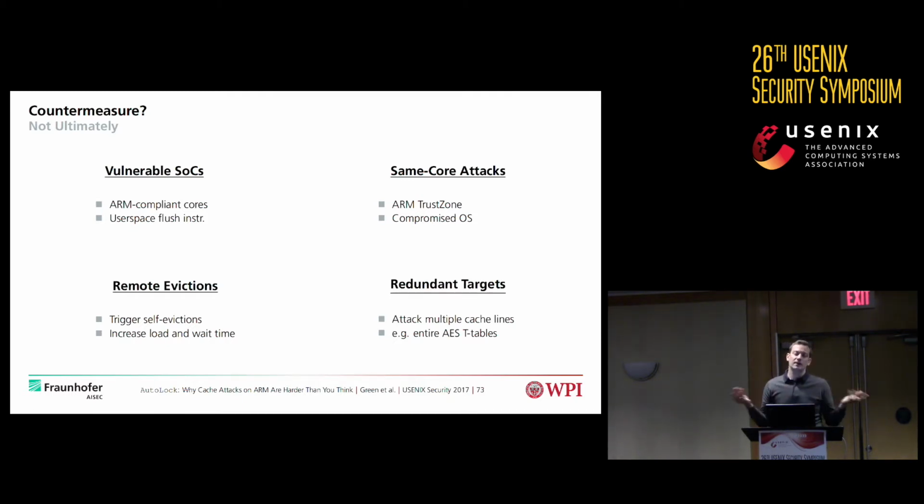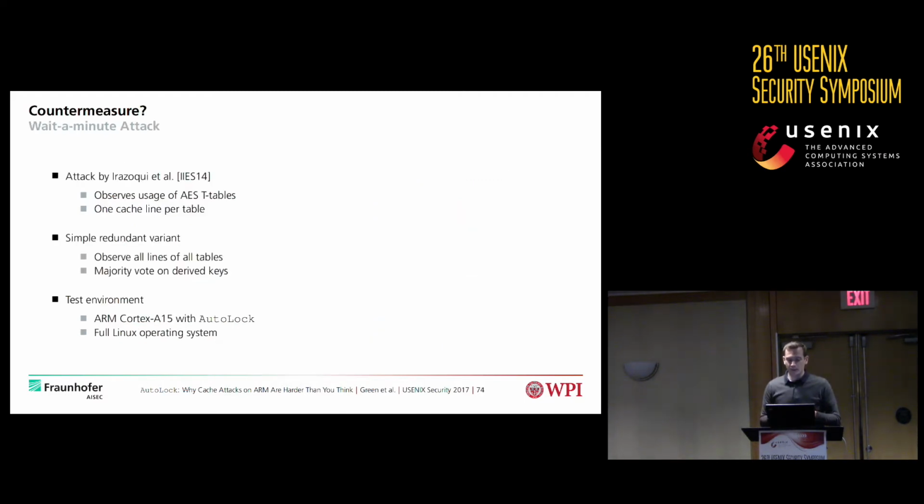But if you think of AES T-tables, for instance, that are stored on a large number of cache lines, then it might be possible to observe more than just one line and still learn something from our target. And to demonstrate this, we implemented a cross-core attack.